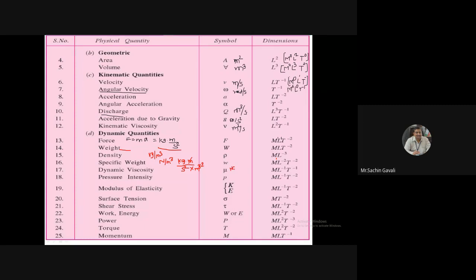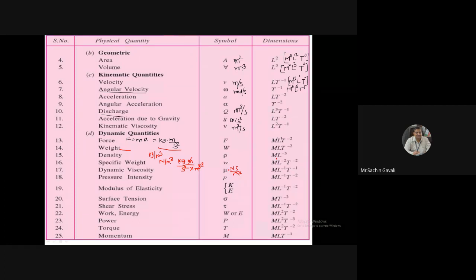If you know the SI unit, Newton second per meter square, it is equal to what?